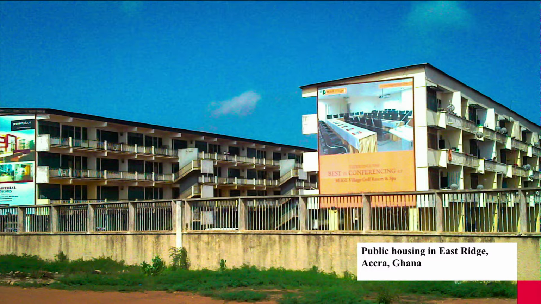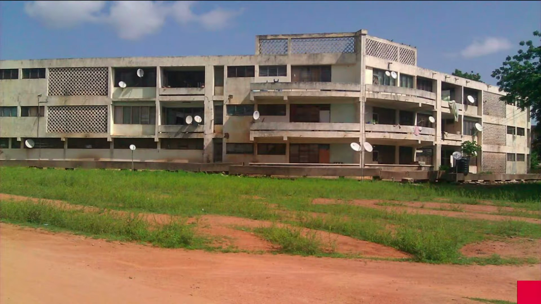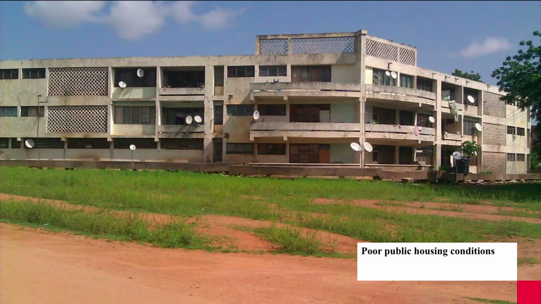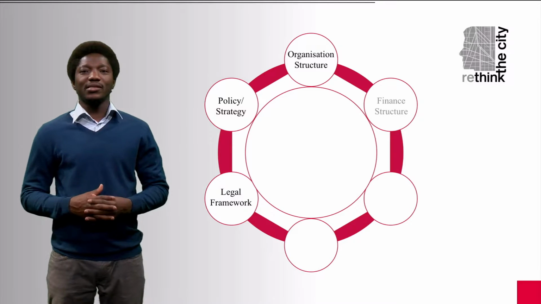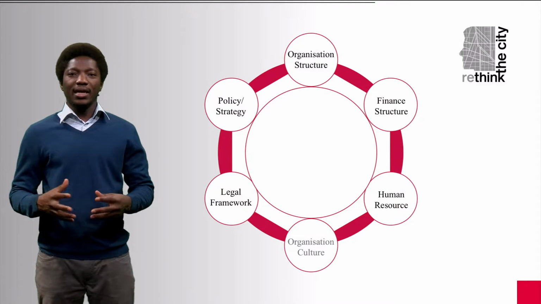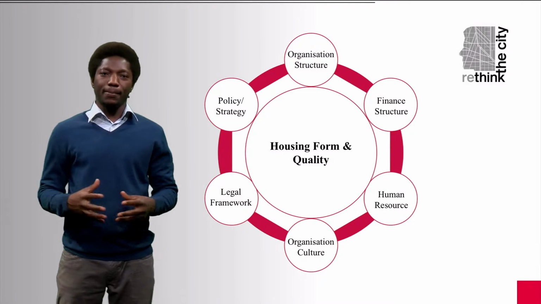Now, you might wonder why we should study the challenges of public housing management. Well, it is because the level of management accounts largely for the poor physical conditions of housing and housing quality. I use an adapted model of the famous 7S framework to analyze public housing management in Ghana.